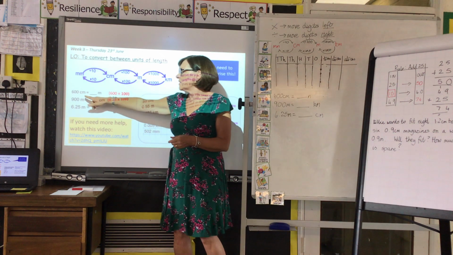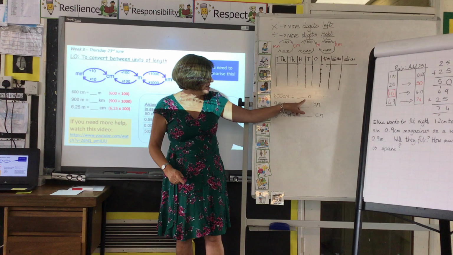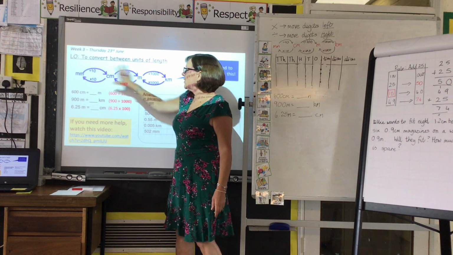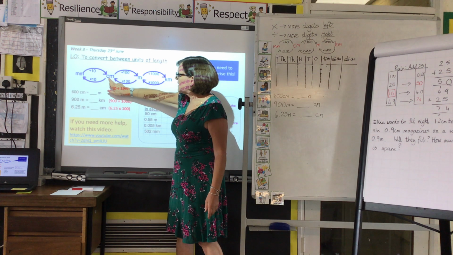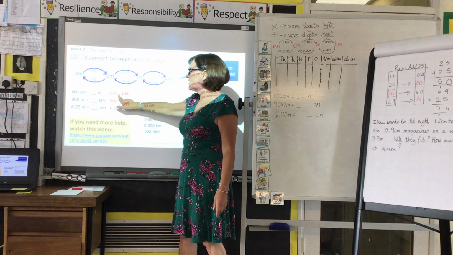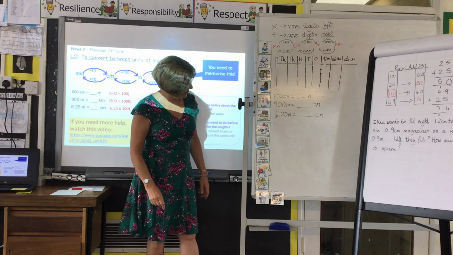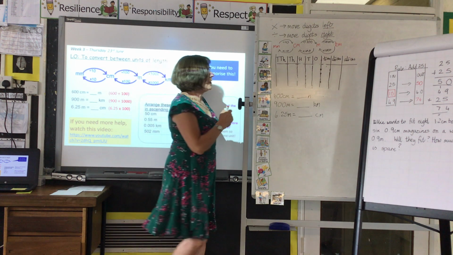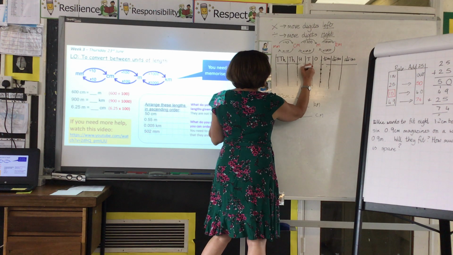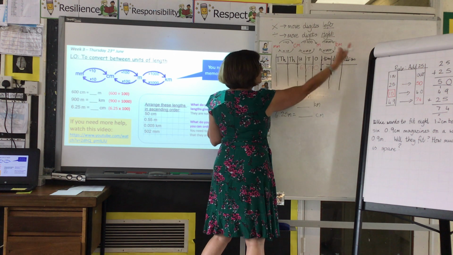Okay, so let's just have a quick reminder. If we were converting 600 centimetres to metres, we look at this chart and we think, right, I'm going from centimetres to metres, so the sum I need to do is 600 divided by 100. So just like we've done before, we can use this chart, 600, and when we're dividing, we move to the right.